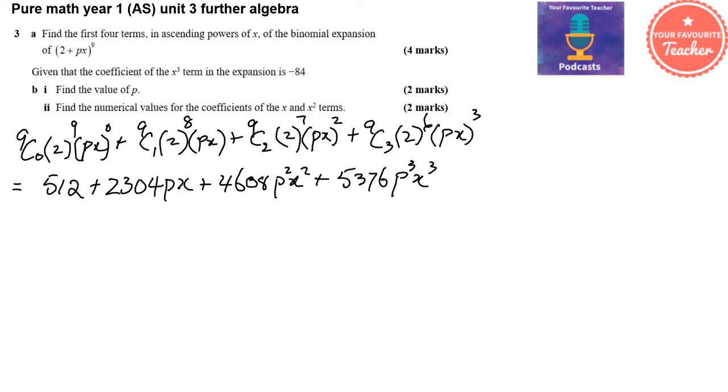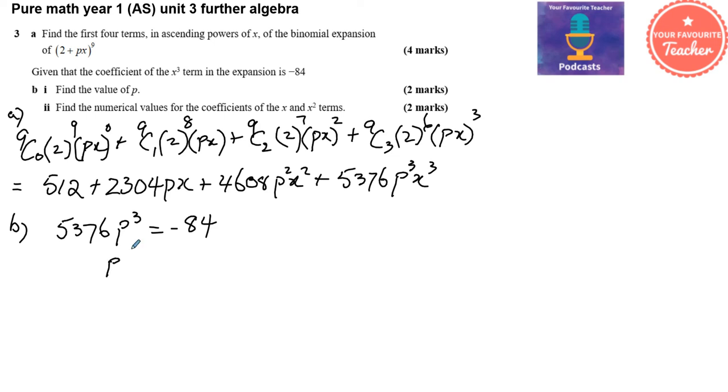Second part of the question states that given that the coefficient of x cubed in the expansion is minus 84, first of all, find the value of p. So this was A, and now we go to B. We're told that the x cubed coefficient, which is 5376 p cubed, is equal to minus 84. So now all we need to do is solve for p.